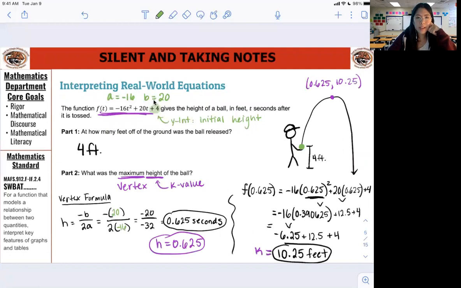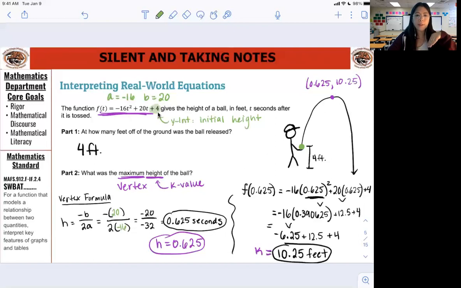So in this case, b was 20 because 20 has that t. 20 is a coefficient. But the 4 does not have a variable. If a number does not have a variable, it's not a coefficient, it's a constant. It's the y-intercept, but it's also called a constant. So negative 16 and positive 20 are both coefficients, but the 4 is a constant because it does not have any variables.